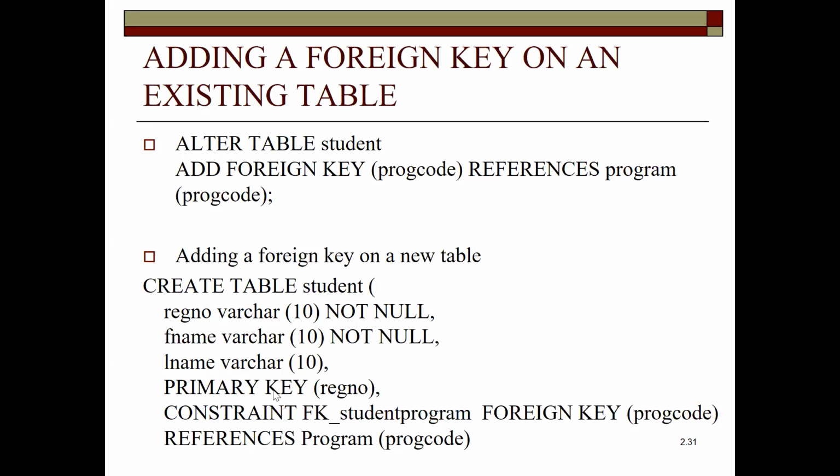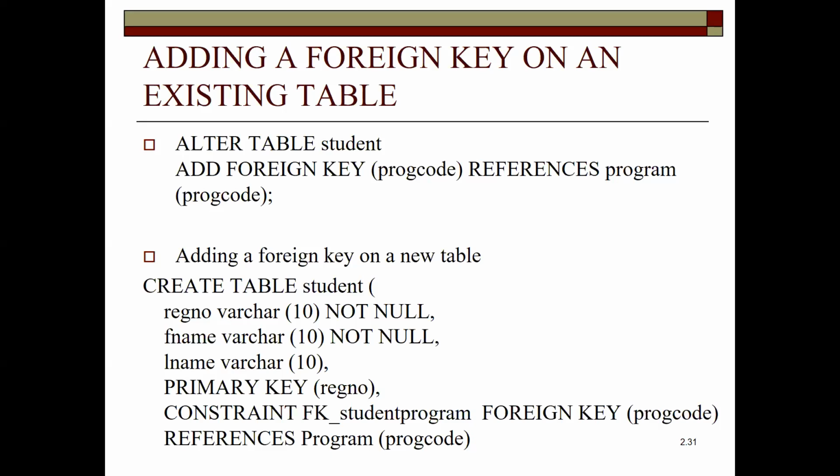It's not exactly the general syntax because we have put registration number, first name, last name, but at least you need to know that you have to create the table, tell us the table name, specify all the attributes within the table, and specify all the data types within the table. If there are any constraints that you want to put on the different attributes, you also specify them. Most importantly, don't forget to specify the primary key of that particular table.